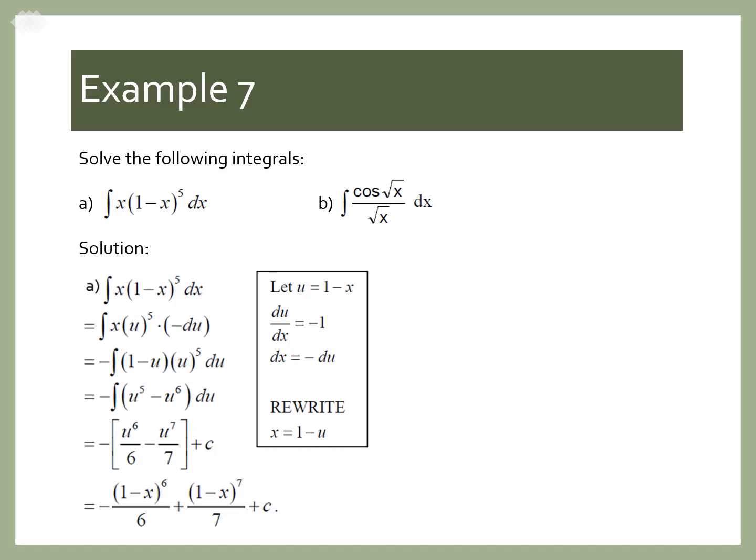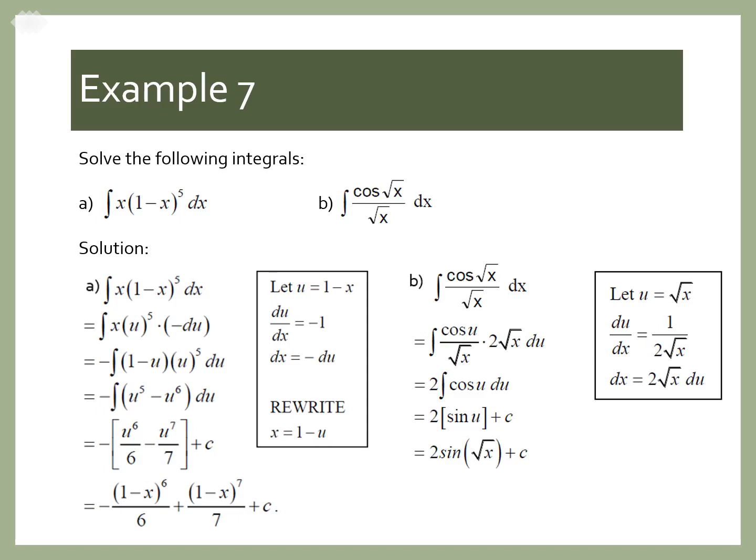As u is equal to 1 minus x, x can be written as 1 minus u. Replace into the x and simplify, you will obtain a new integral in terms of u only. Integrate with respect to u and replace the u back to 1 minus x, you should be able to get the following answers.